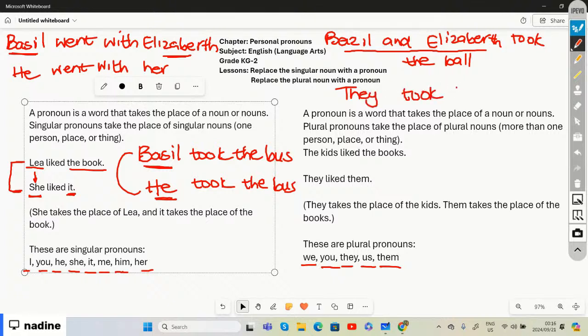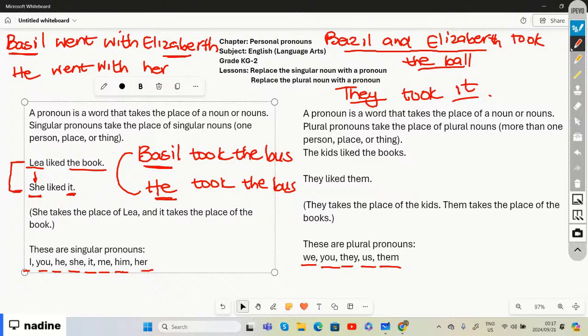And now if we know we are talking about the ball, instead of saying the ball, we can say they took it, and it refers to the ball, right? So yes, he for Basil, her for Elizabeth. If we're making mention of two people doing something, we can say they.